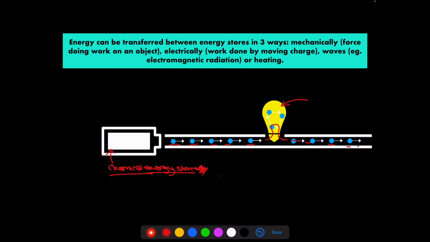There might be intermediate energy transfers, like to electrostatic or electrical energy, and you might see it named in many different ways. But right now, in a simplistic manner of thinking, we're just looking at the starting energy store and the ending energy store where energy is being transferred. So it starts off in the chemical energy store, and energy is being transferred by these moving charges to light energy.